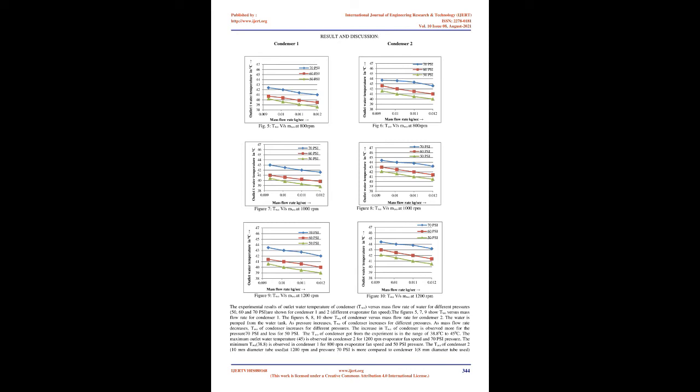Figures 6, 8, 10 show T2 of the condenser versus mass flow rate for condenser 2. The water is pumped from the water tank. As pressure increases, T2 of the condenser increases for different pressures. As mass flow rate decreases, T2 of the condenser increases for different pressures. The increase in T2 of the condenser is observed more for the pressure 70 psi and less for 50 psi.